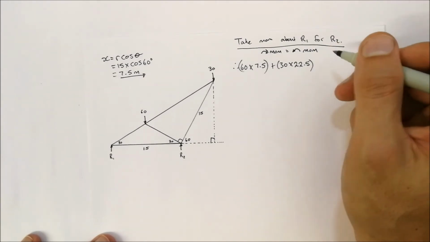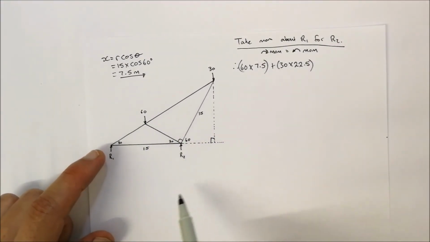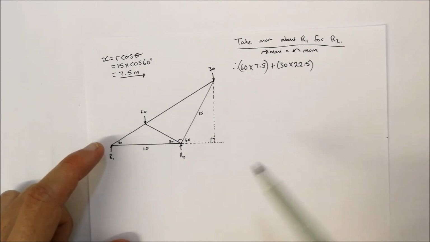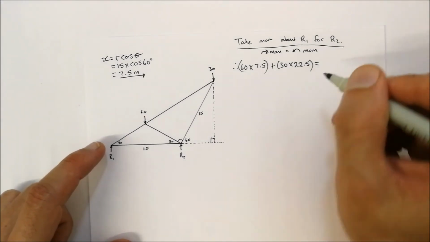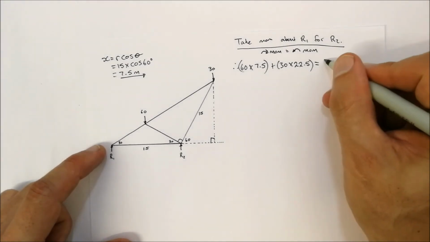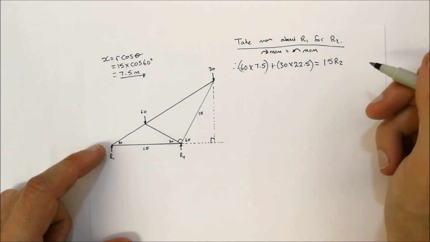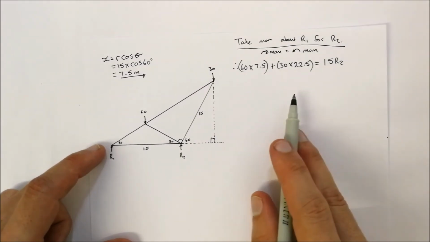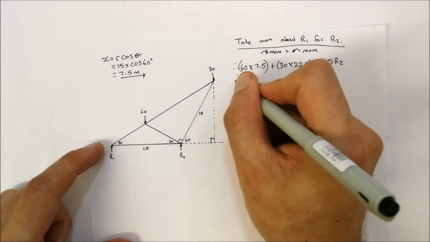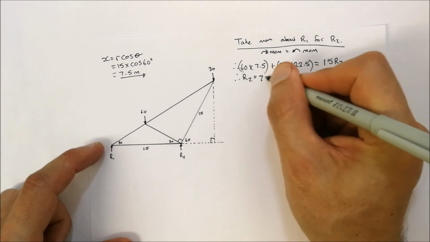Now let's look at the anti-clockwise directions, because there are no more clockwise forces that we can see. So the anti-clockwise direction is R2. Now R2 is 15 meters away, so that is equal to 15 R2. So now that we've got this, we can make R2 the subject of the formula, and we will calculate that R2 is equal to 75 kilonewtons.